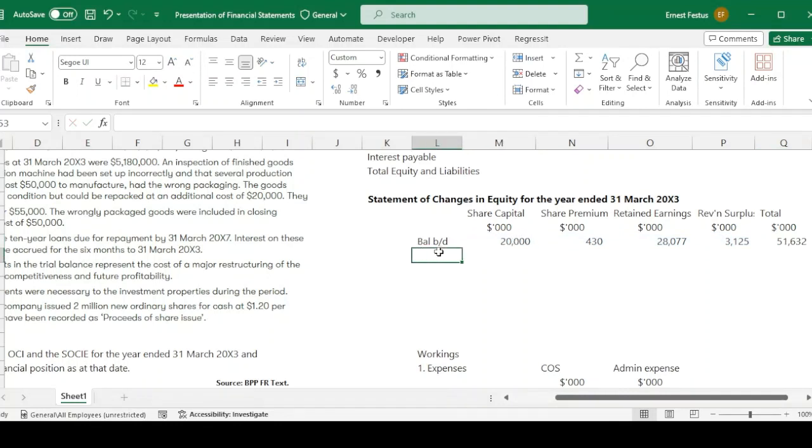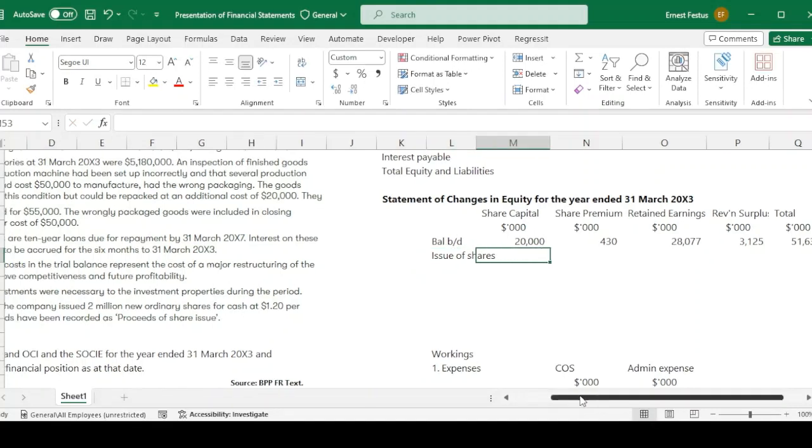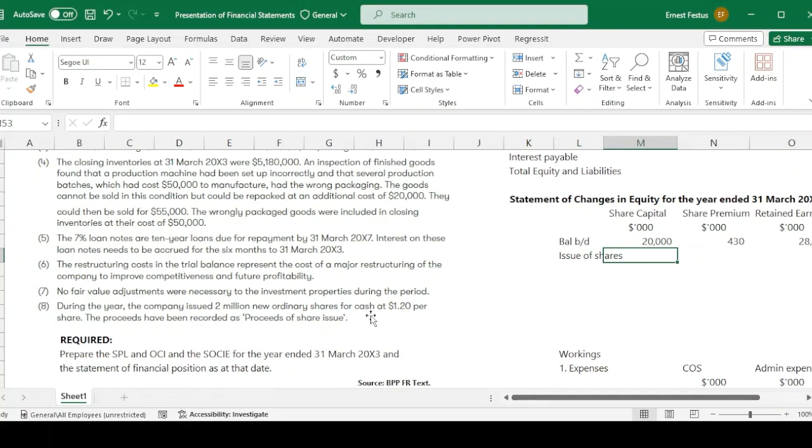Then we go to issuance of shares. So if there is any issue of shares, we have been told within the additional information that there has been an issue of shares.